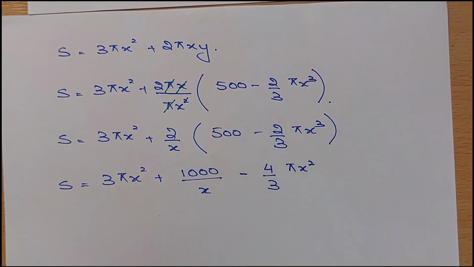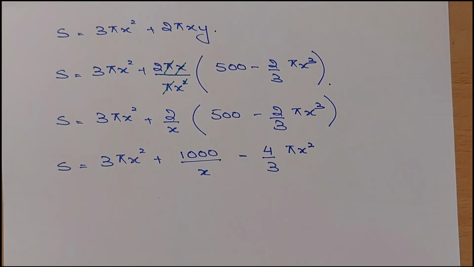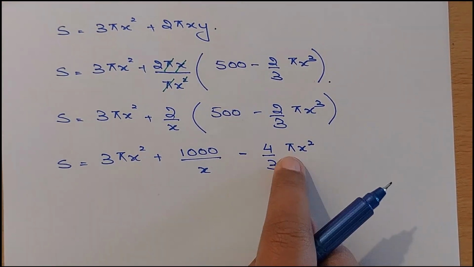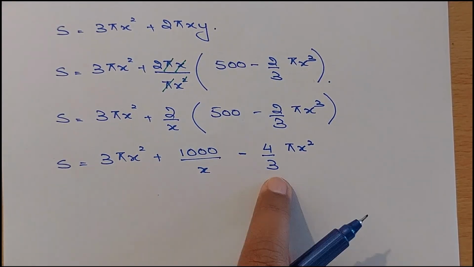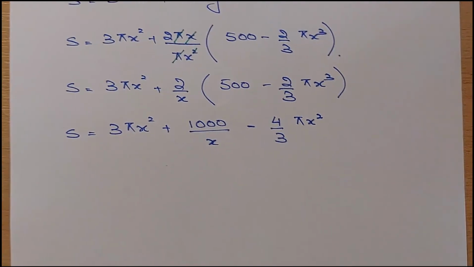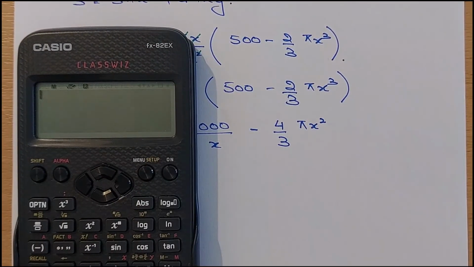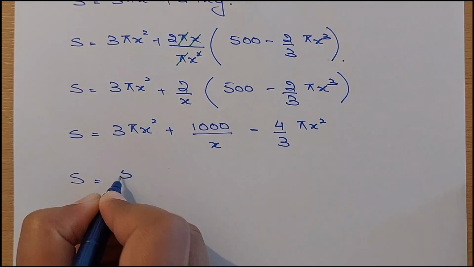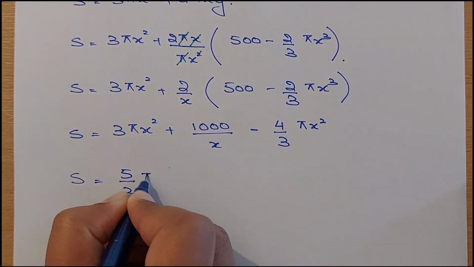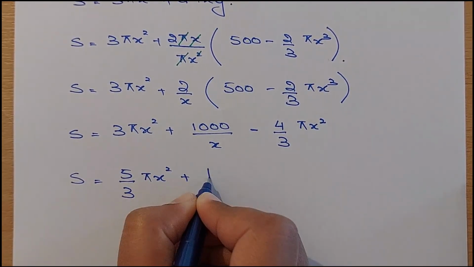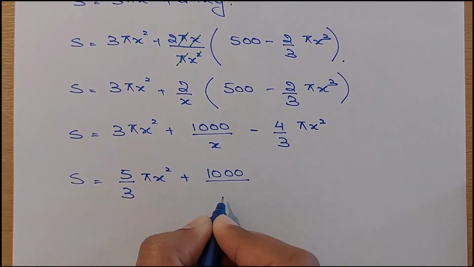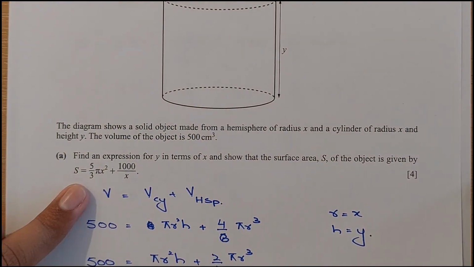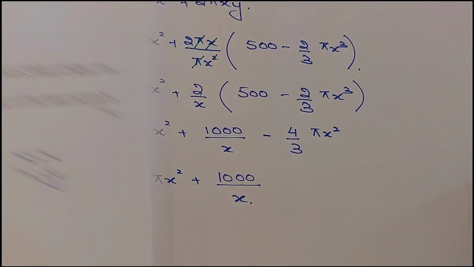So now how many x squares do we have? Pi x squared, 3, and minus 4 by 3. So let me solve this. Minus 4 by 3, add 3, that is 5 pi by 3. S is equal to 5 by 3 pi x squared plus 1000 divided by x. So we got exactly the same, that is 5 by 3 pi x squared plus 1000 divided by x.